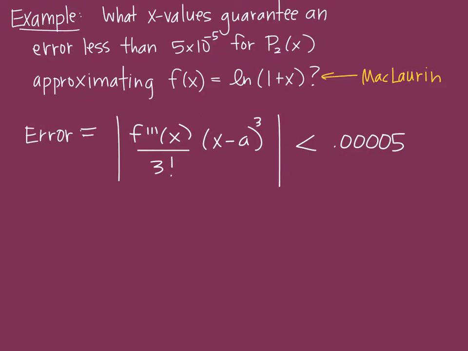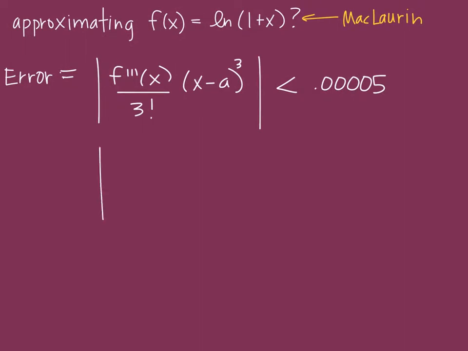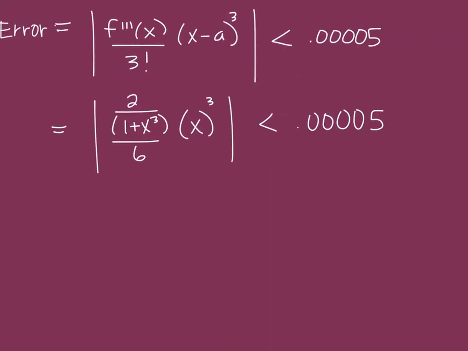I figured out the third derivative to save time. The third derivative is 2 over 1 plus x cubed. 3 factorial is 6. And since this is Maclaurin, where is it centered? 0. And so this is just x cubed. And this has to be less than 0.00005.